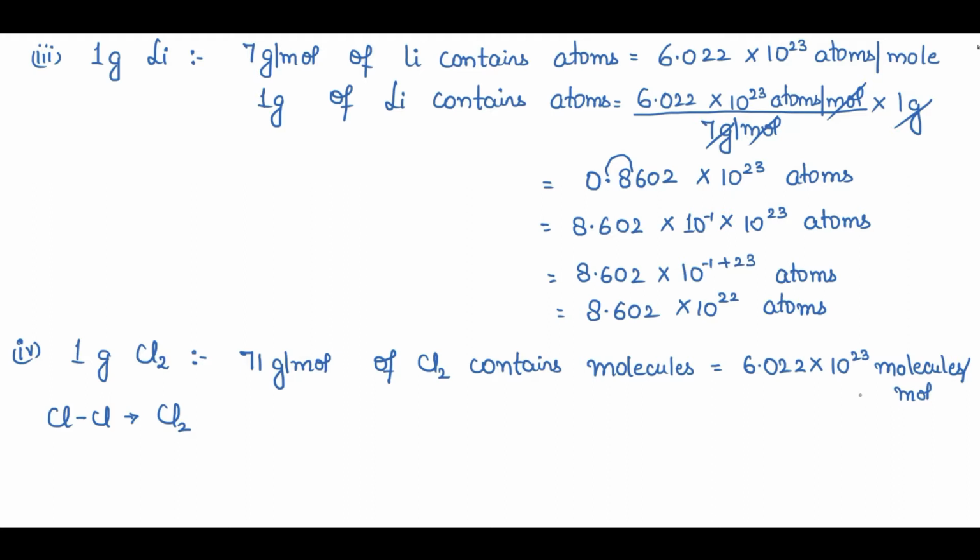Now let's convert these molecules into atoms. In one molecule we know that there are two atoms, so definitely what we'll do, we'll simply put the value of one molecule over here.